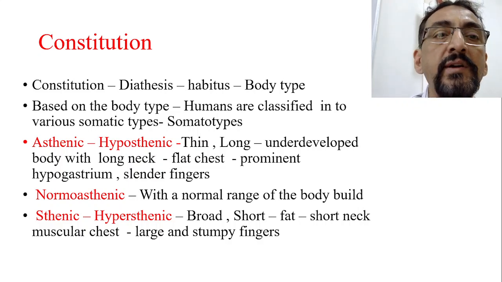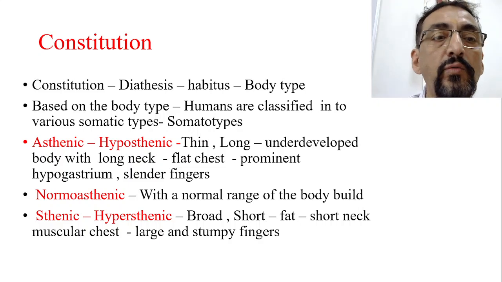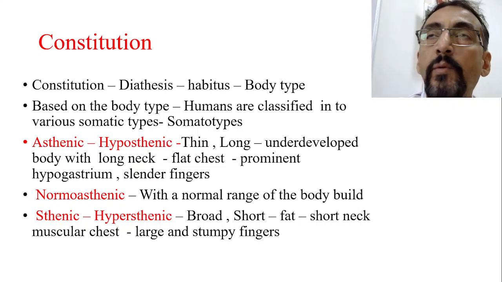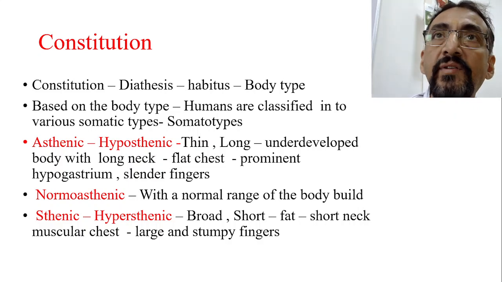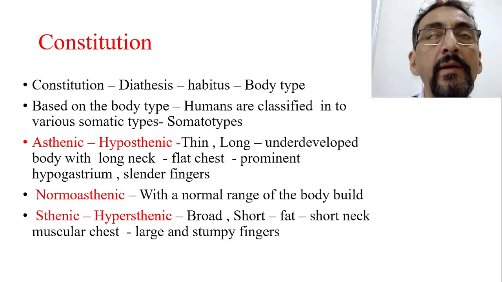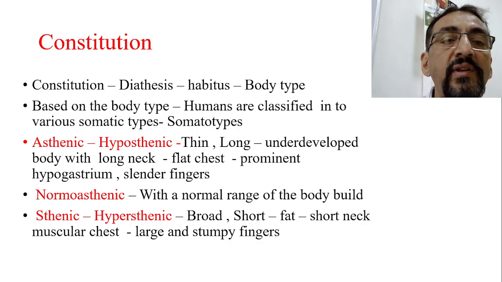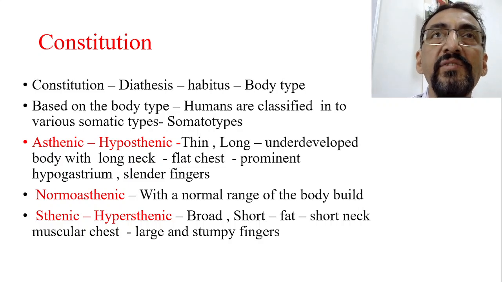For that, first we have to understand the commonly seen body constitutions, which are also called somatotypes. The first one is asthenic. Asthenic is also called hypoasthenic. What is this asthenic or hypoasthenic body type? That is a thin body.